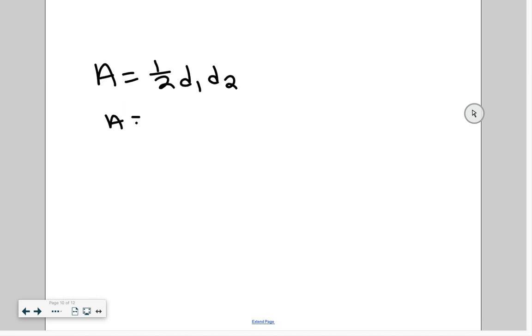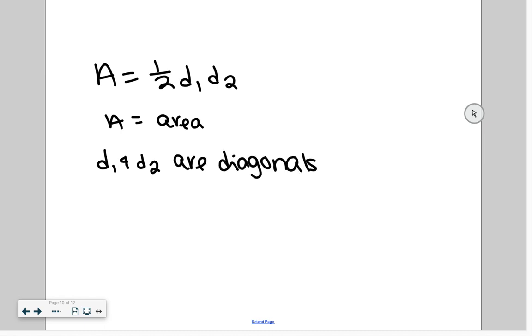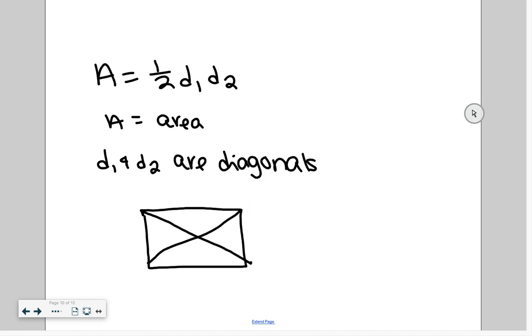So A stands for area, and D1 and D2 are the diagonals. Notice that all quadrilaterals have just two diagonals. Any four-sided figure only has two diagonals. And remember, diagonals are lines drawn from one angle to its opposite angle.